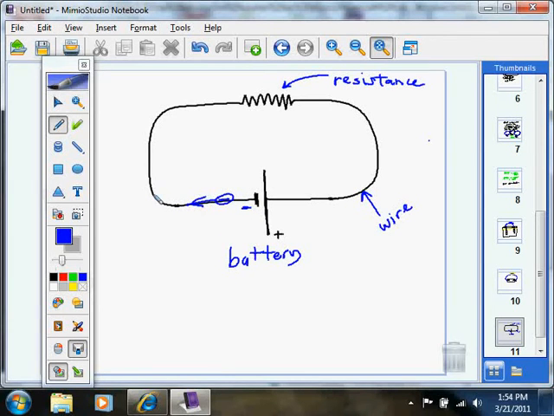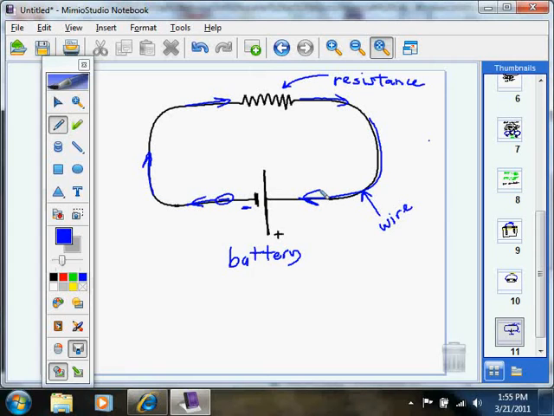And they go this way, and they go that way, and then they go through the resistance, and then through over here, and then back around like that. But here's the thing. Even though that's what's actually happening, we're not going to be using the electron current.